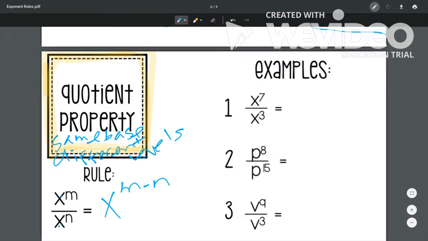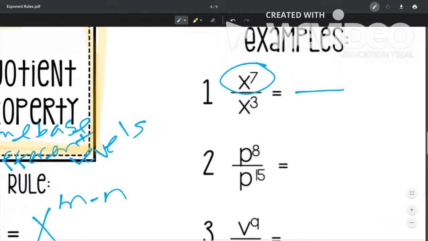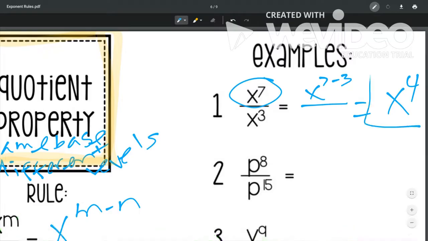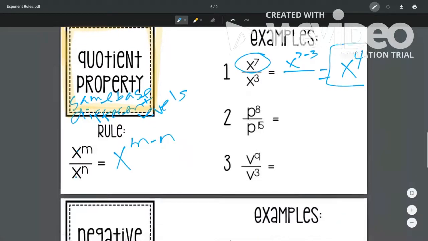So, for example, right here, we've got 7 and 3. Our 7 is stronger, so we know our answer is going to be on the top of our fraction. And we're going to do 7 minus 3 as our exponent, which gets you x to the 4th. And that would be your answer.